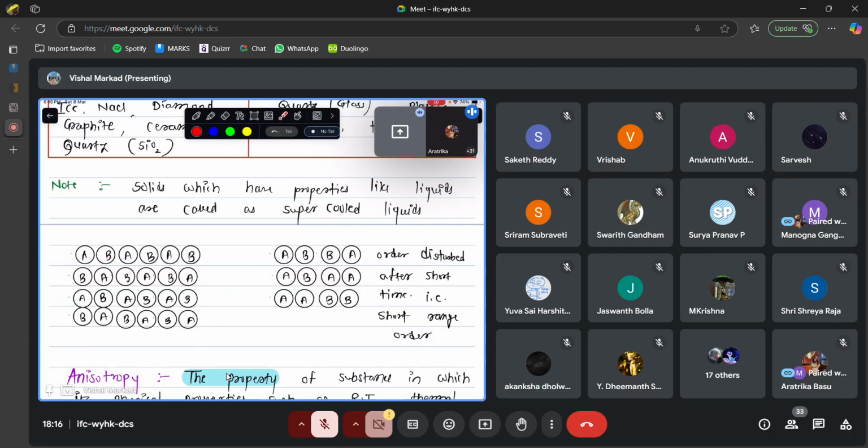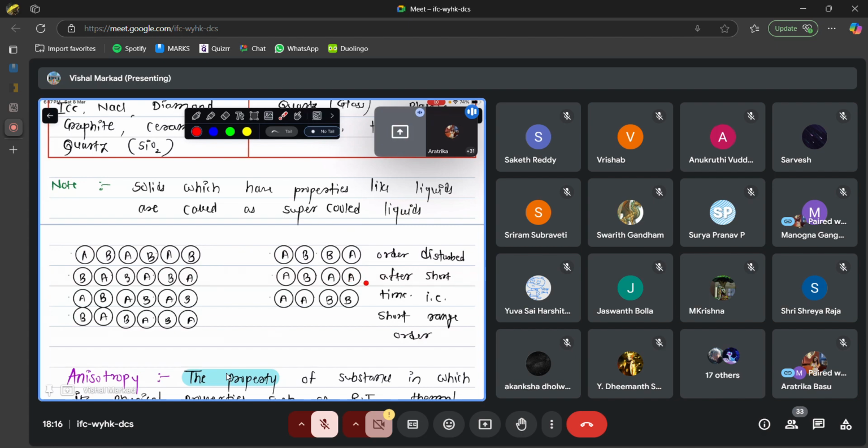A, B, A, B, A, B, continuous is there, right? But when it comes to the amorphous, A, B, one order is there, but the same order of A, B is not followed next. Now we are getting B, A. It is not as this A, B, right? If you go to the second line, we have A, B, and expected that it should show A, B. Then I could say it is long range order.